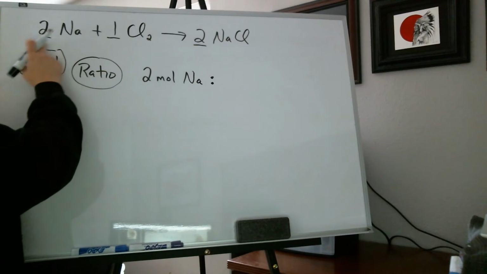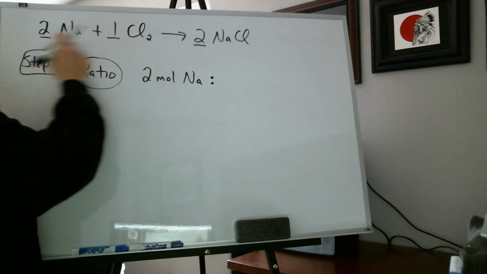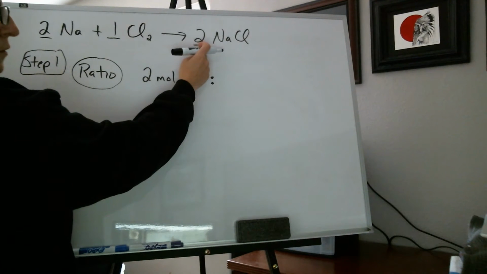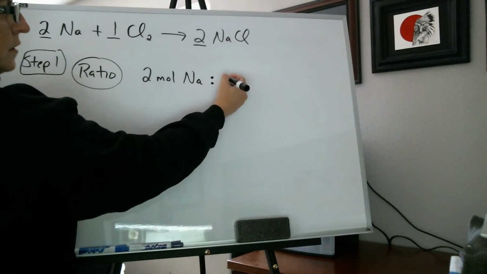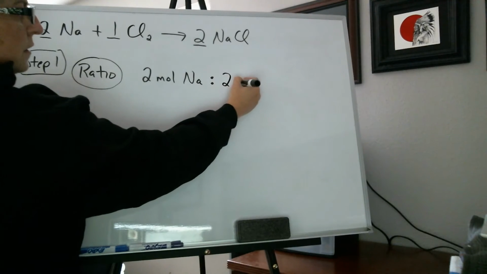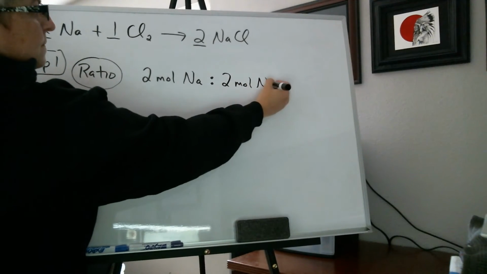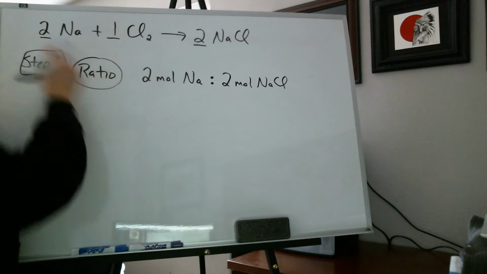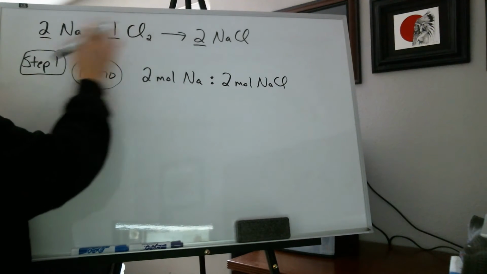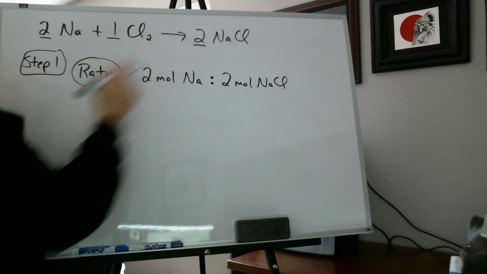And 2 moles of sodium is equivalent on the ratios with 2 moles of sodium chloride. Okay, so the ratio of sodium to sodium chloride is a 2 to 2 ratio.